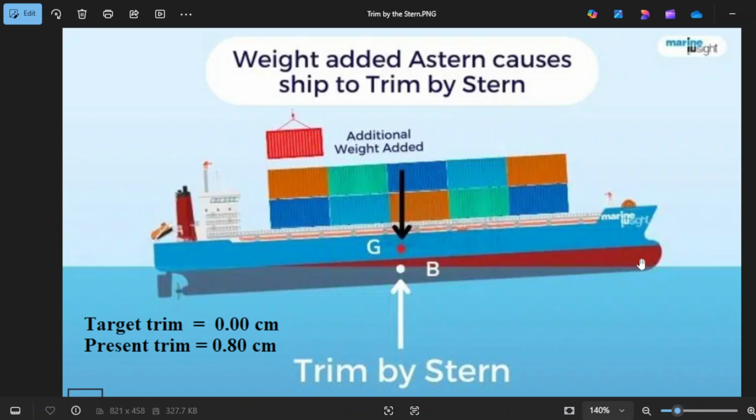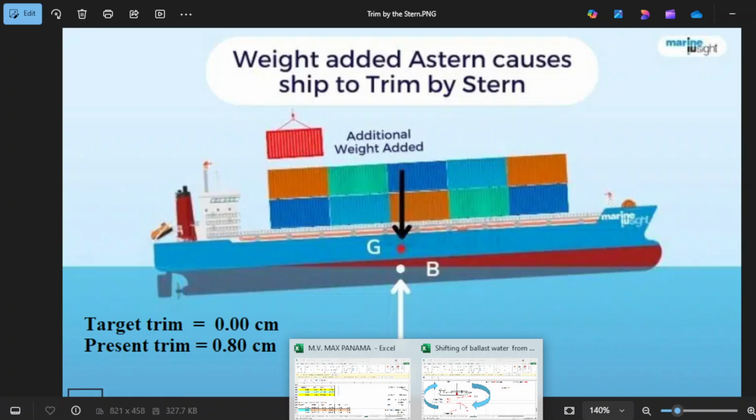You want to make it even keel, so you have to raise this stern up, and this will go down until you are even keel. Because your target is zero trim or even keel, the aft part of the vessel has to go up, and the forward part will go down so that you will get to an even keel position.